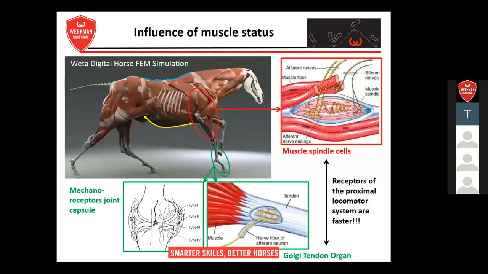But the input of the muscle spindle cells, so of the muscular system, is faster than all the other receptors, even faster than pain. So this is why the motion pattern is mainly influenced and determined by the activity of the muscles and not by the passive mechanoreceptors of the joints and the tendons, for example.